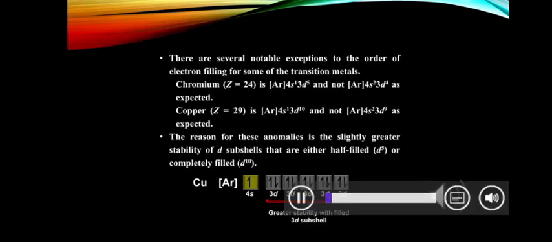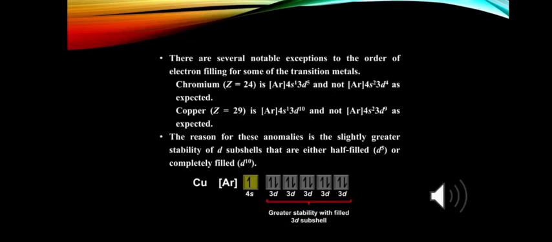In the last slide, we were given the configuration of chromium. Now we are given the configuration of copper, whose atomic number is 29. It is clearly shown in the slide that one of the electrons from the s orbital has jumped to the 3d orbital, where all 5 sublevels in the 3d orbitals are fully filled.